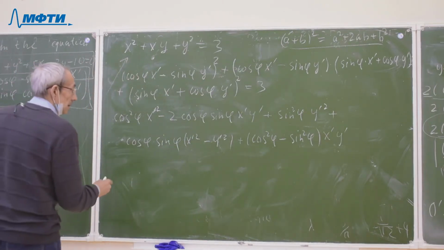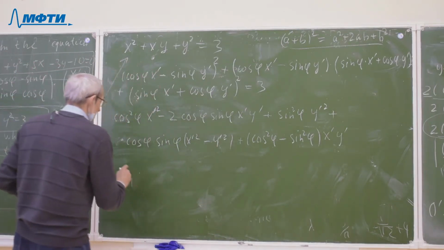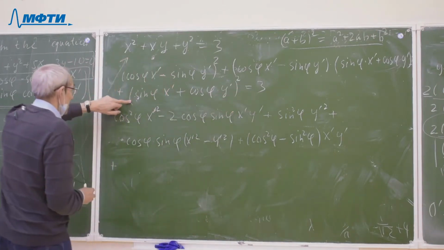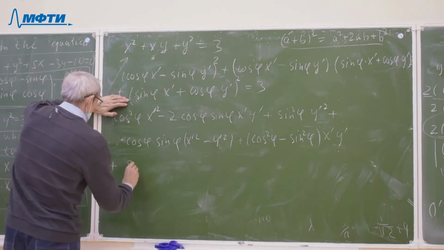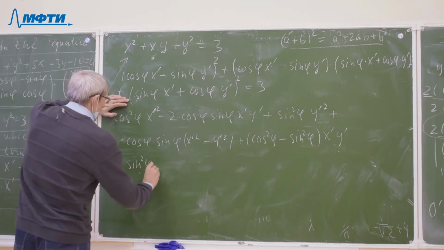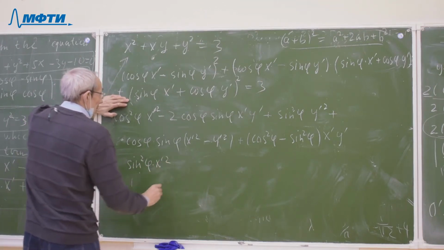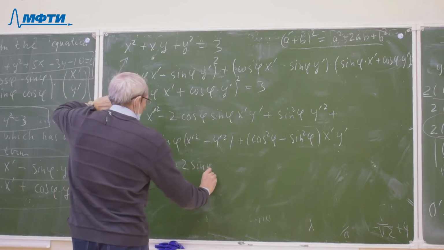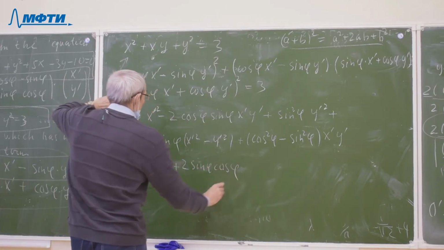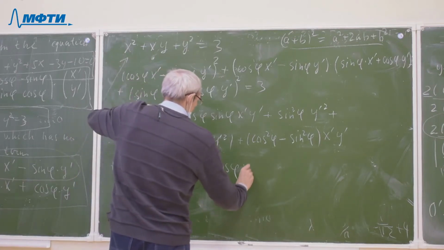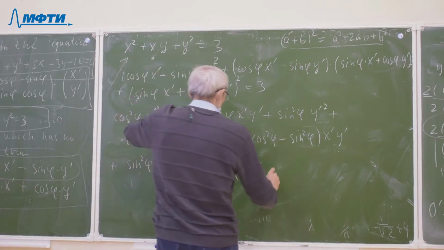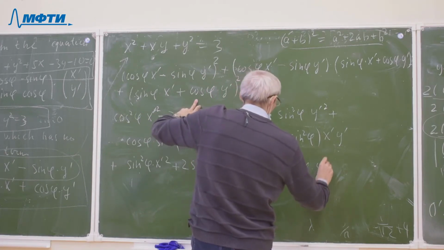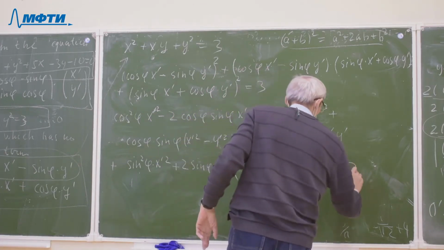And the last term is sine square phi x prime square plus 2 sine phi cosine phi x prime y prime plus cosine square phi y prime square, equal to 3.